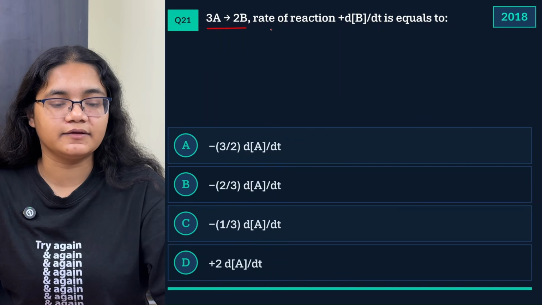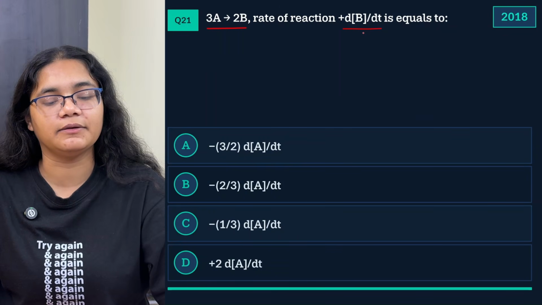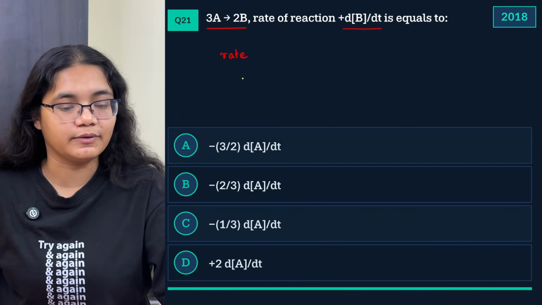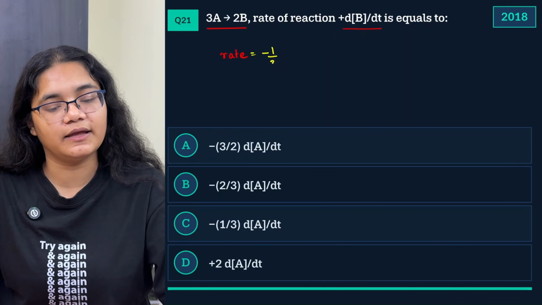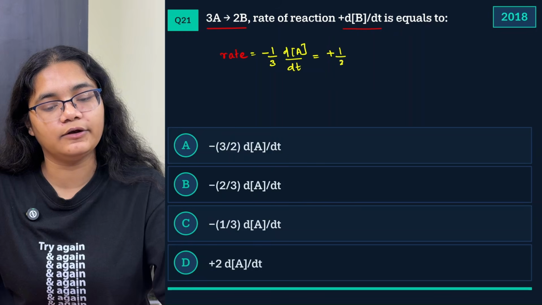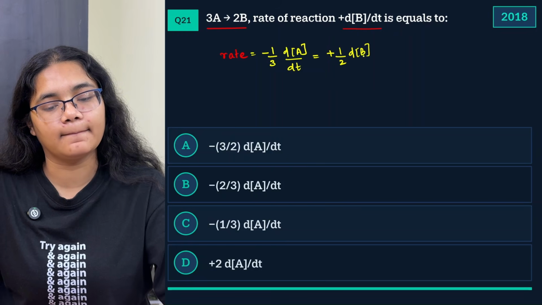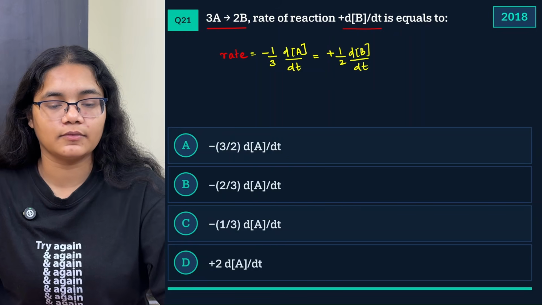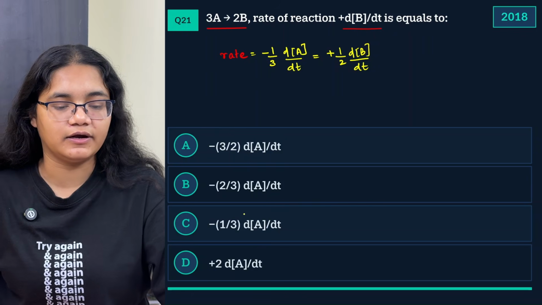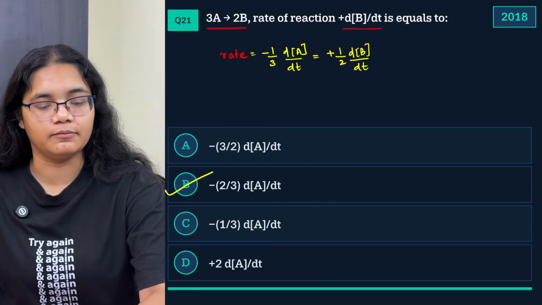Next, 3A gives you 2B, the rate of the reaction dB by dt is equal to. Here rate is equal to minus 1 by 3 of dA by dt is equal to plus 1 by 2 of dB by dt. Now dB by dt will be equal to 2 by 3 of dA by dt, which is option number B here.